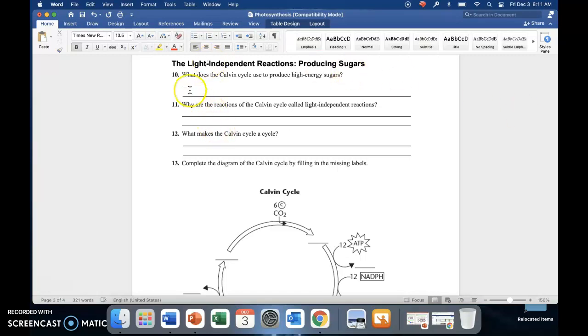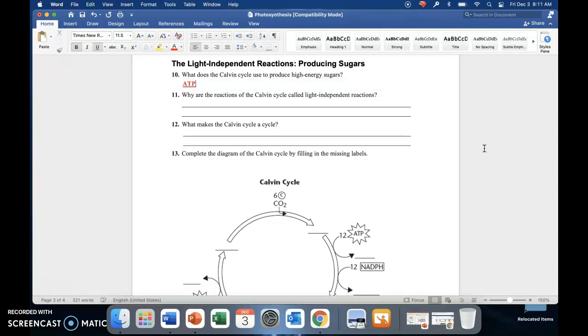There are three things that we went over that are used in the production of these sugars. Two of those were produced by the light-dependent reactions. That's why that has to occur first. And those two things are the ATP and NADPH, which are used for energy.